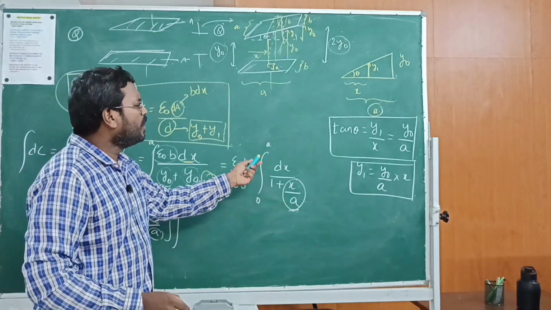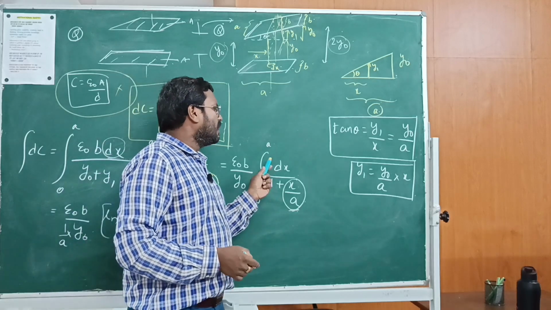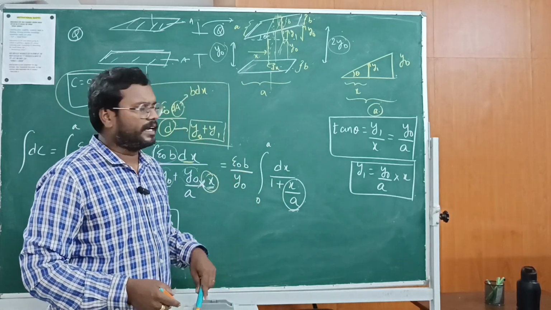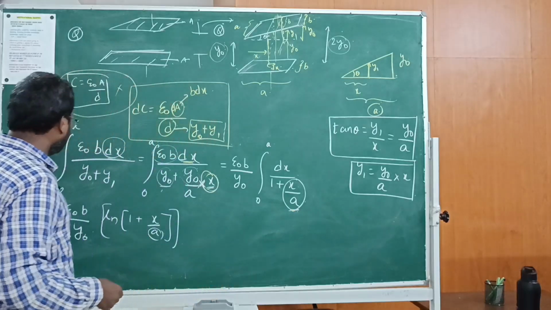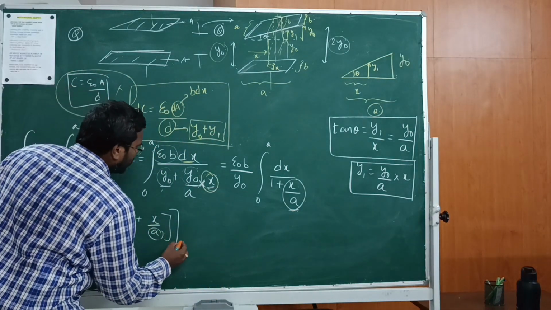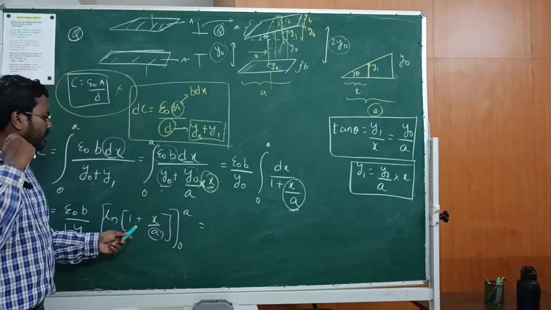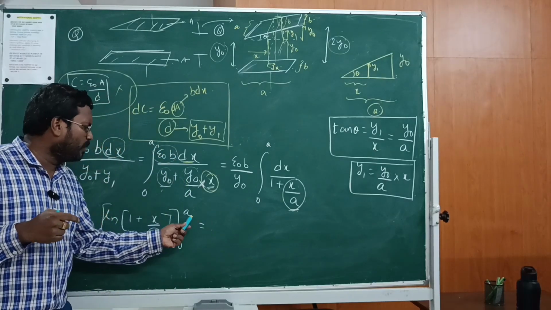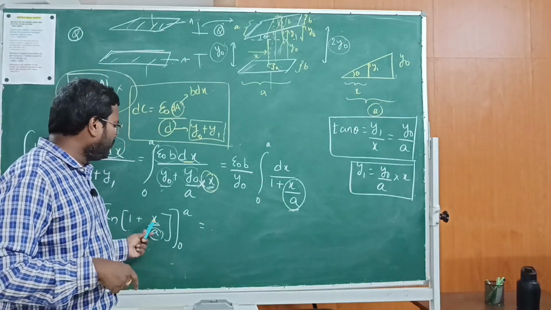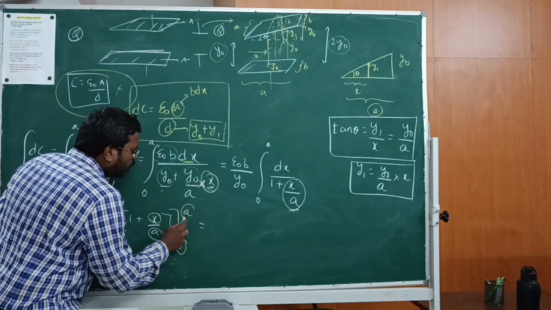Whenever we have dx by 1 plus x by a, it is going to be ln of 1 plus x by a, but here 1 by a is there, so we write 1 by a in this case. So ln of 1 plus x by a, and we take limits 0 to a. Substituting the upper limit, 1 plus a by a, minus the lower limit 0, because x is varying from 0 to a.